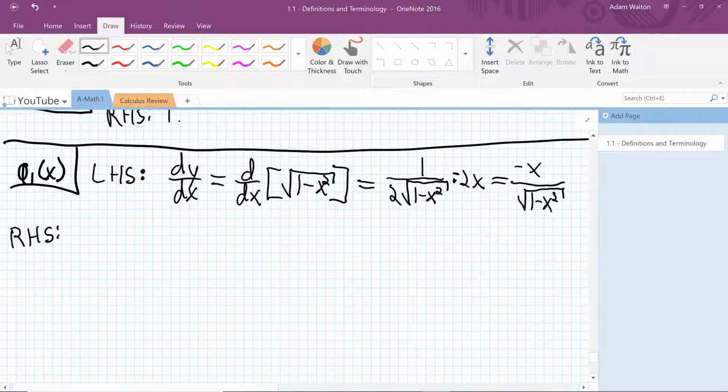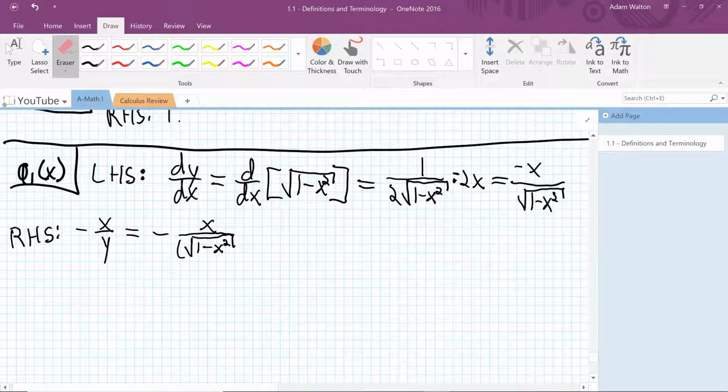Alright, so that was originally negative x over y, which we are now saying is equal to negative x here, divided by, we're substituting in the square root of 1 minus x squared. And that's it. That's good. I can actually even just erase these parentheses, because these are exactly equivalent.